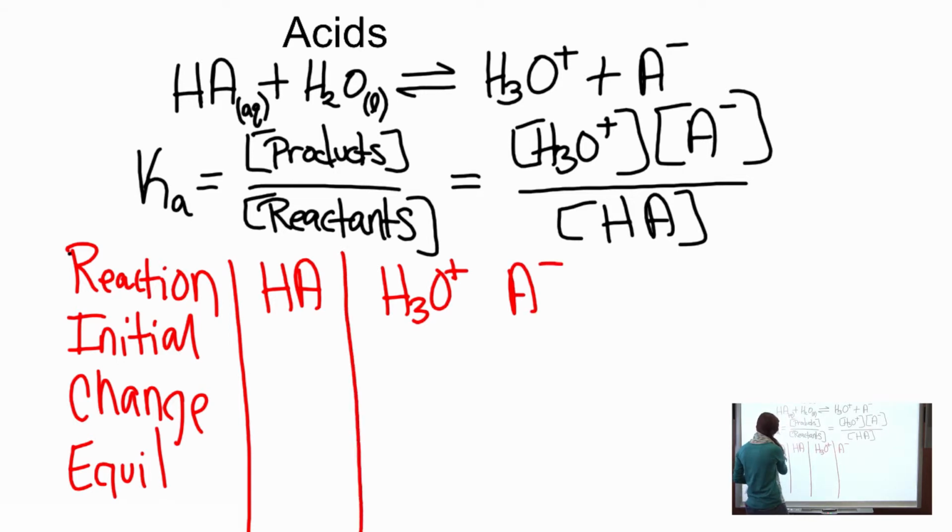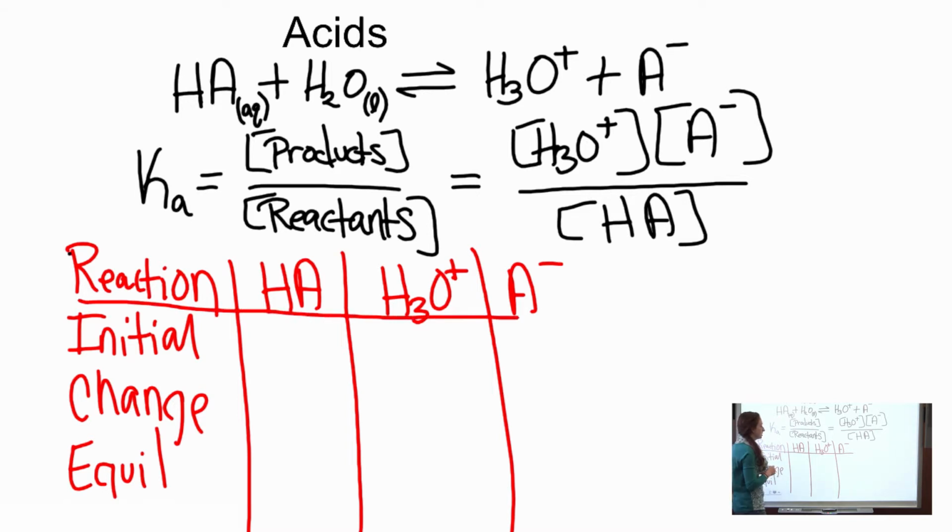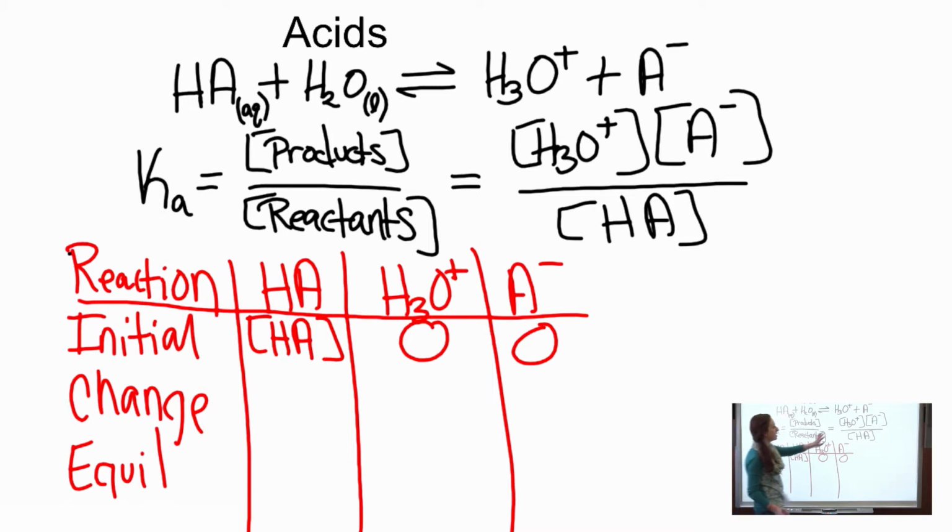And so if you're given a basic equation where you know the starting concentration of your acid and you want to find the ending concentration of both your acid and your products, then this is how you're going to do that. So let's say you start out knowing your HA concentration. You'll put in that concentration there. You'll assume that the starting concentrations for both your products are 0. And then you know that however much your acid concentration decreases, your product concentration has to increase.